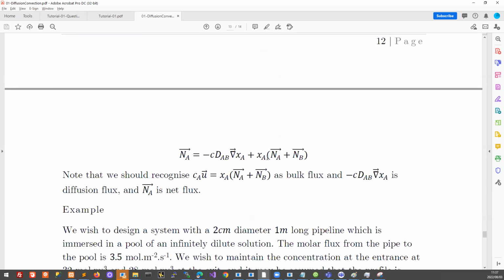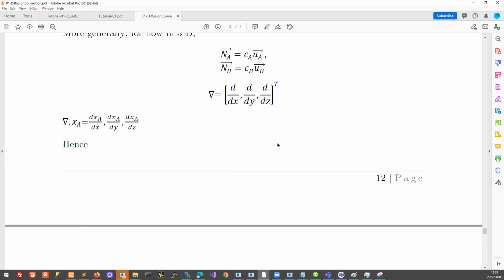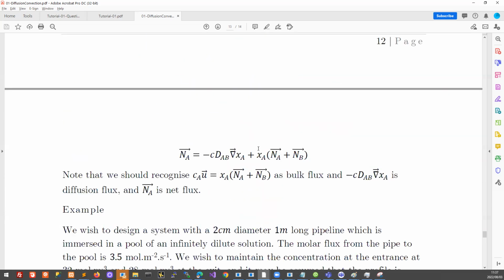So we can read that as, if you look at this, it's XA times the flux of A plus the flux of B, right? So the XA flux of A plus flux of B. So that's our overall flux. And you can see flux of A on both sides here.